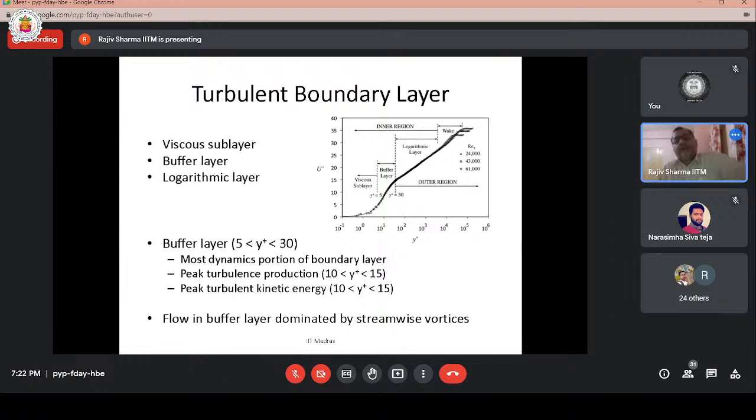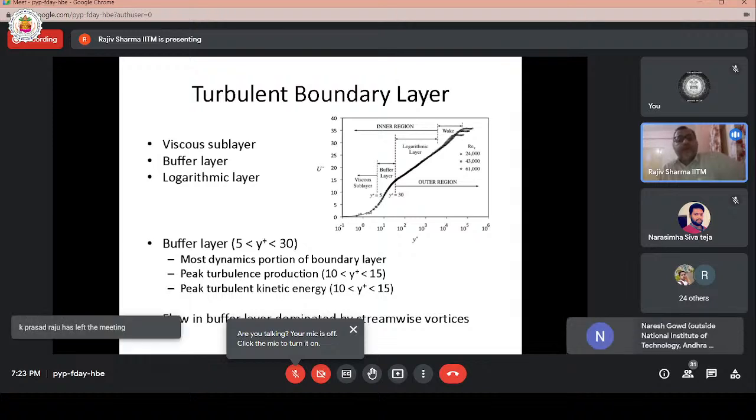Then we have a layer, buffer layer, where the flow changes from one way to other. There it is more intermixing, and then you have more and more drag which comes because of turbulence. Buffer layer is something which is most dynamic portion of the boundary layer. The turbulence will peak over it. It will also have what we call peak turbulent kinetic energy.